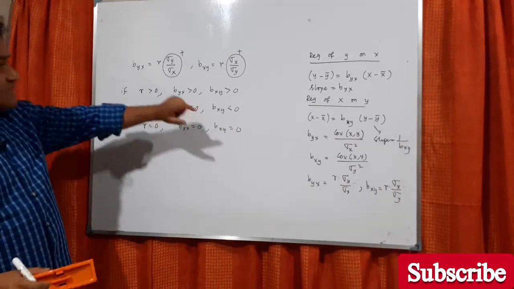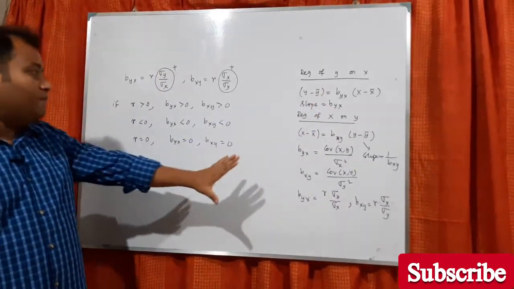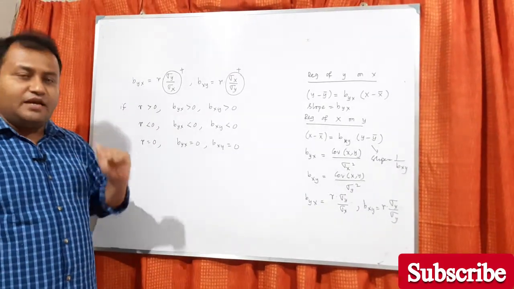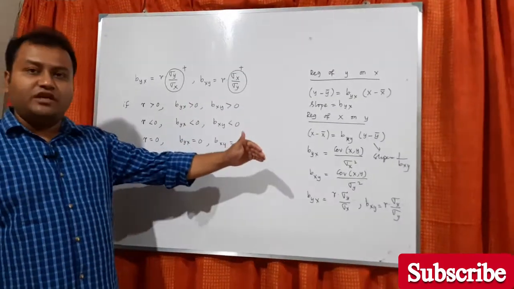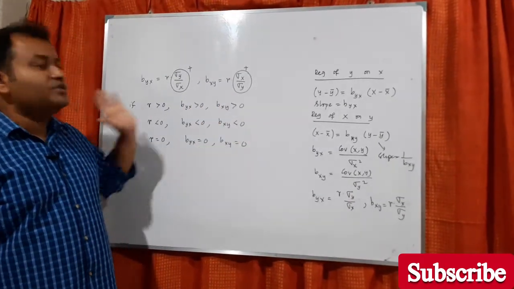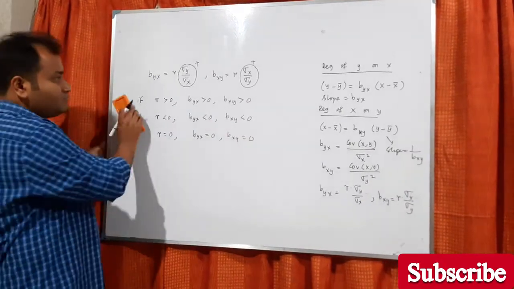That means this regression coefficient, or the slope, will have the same sign as r. If r is positive, it will be positive; if r is negative, it will be negative; if r is 0, it will be 0. This is very evident actually.